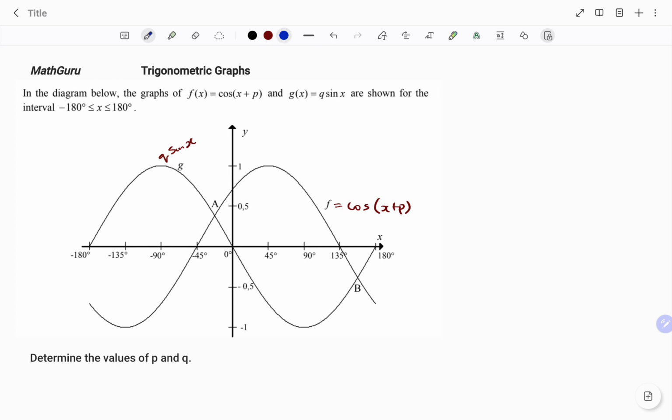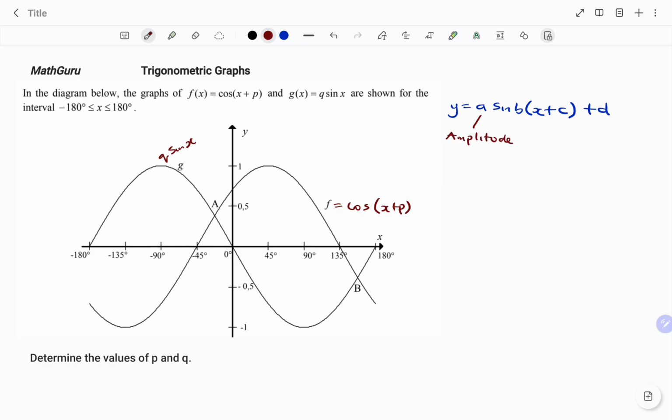A quick recap of my trig function graph equation: if I have y equals a sine of b multiplying x plus c, plus d, my a is the vertical stretch or the amplitude.